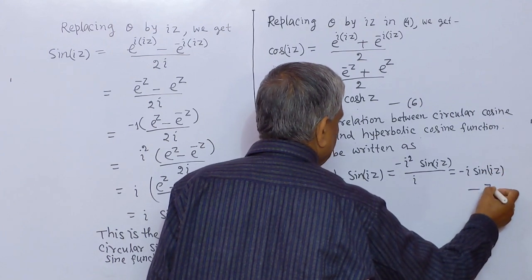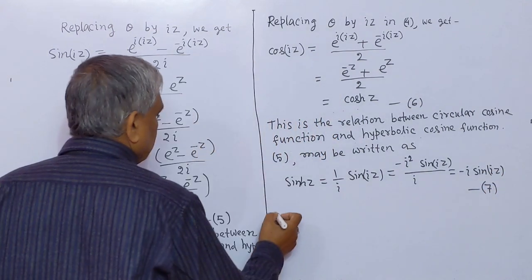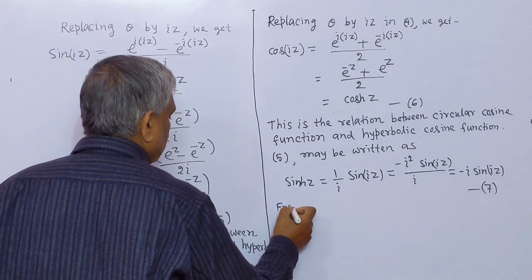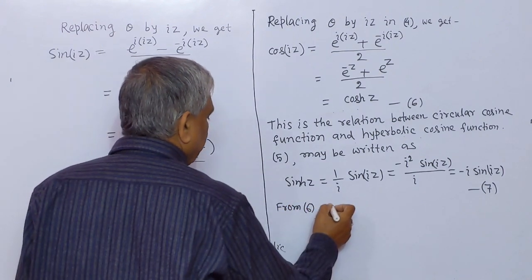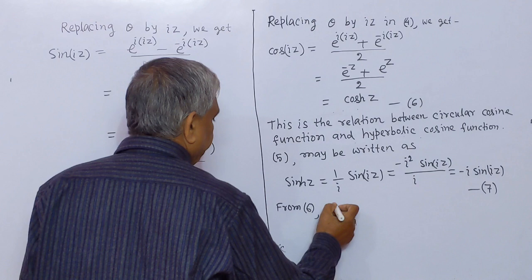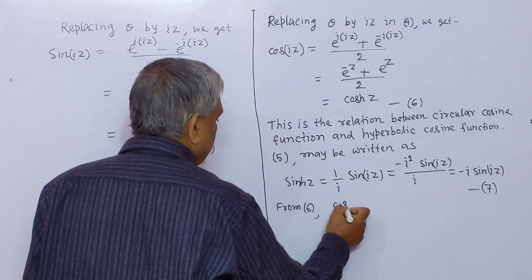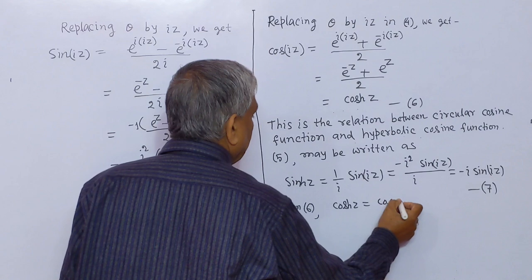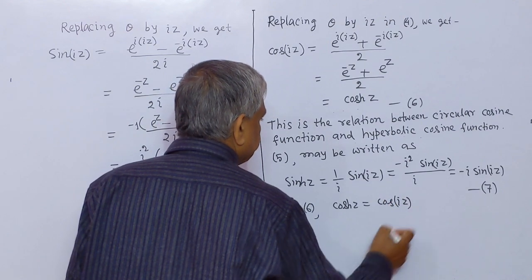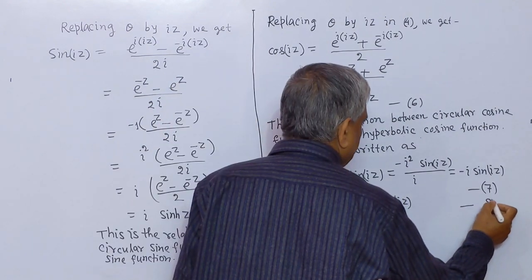This is number 7. From 6, hyperbolic cosine z, cosh z equal to cos iz. This is number 8.